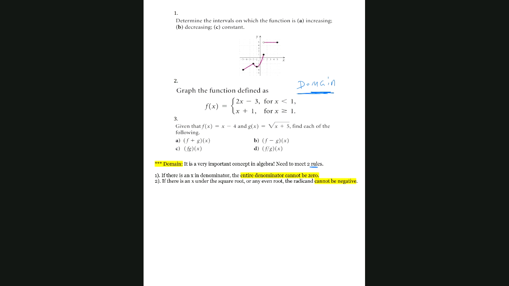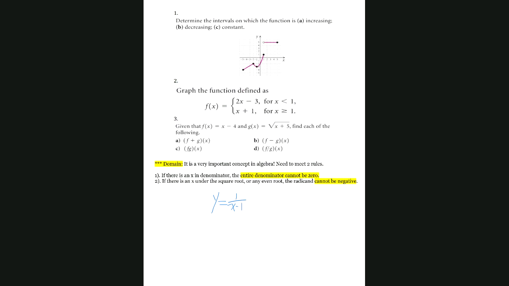If there's an x in the denominator, the rule here is the entire denominator cannot be 0. Sometimes people say, "Oh, x cannot be 0." This is not exact. This is an incomplete answer. Look at this example: if I have y equal to 1 over x minus 1, what is my domain x in here?